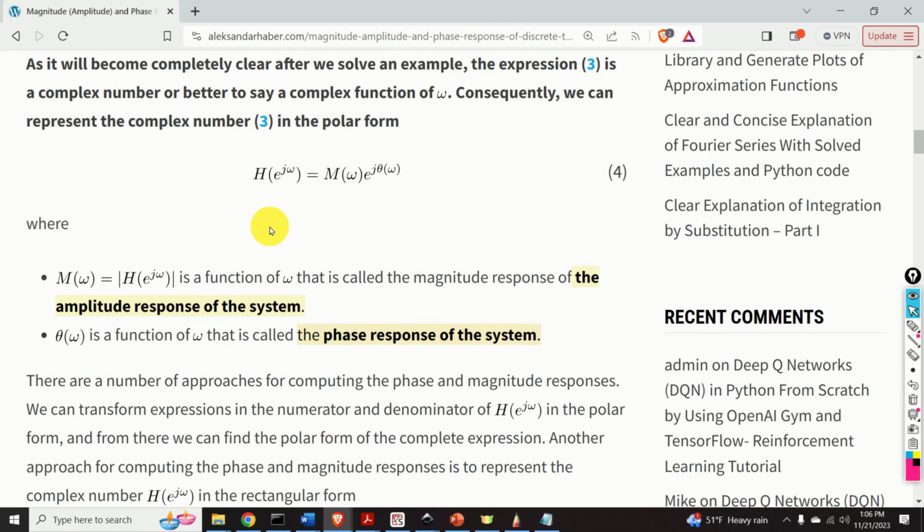The amplitude response is also called the magnitude response. And the magnitude response, together with the phase response of the system, constitute the frequency response of the system. Consequently, when someone asks you to compute a frequency response of the system, you will compute two functions. The first function is the magnitude response, and the second function is the phase response of the system.